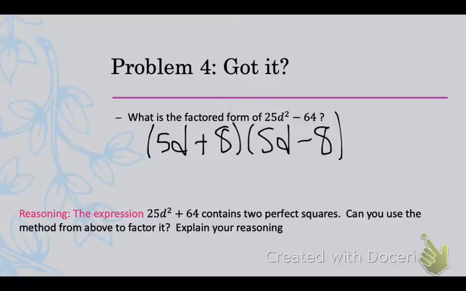And then you should have gone to this one and you should have realized that you cannot do this because it is not a difference of two squares. It will not work if I'm adding here. So you need to make sure that it is a difference of two squares. In this case, you would have to do your X thing where you multiply 25 and 64, and then figure out what multiples are going to add up to 0.